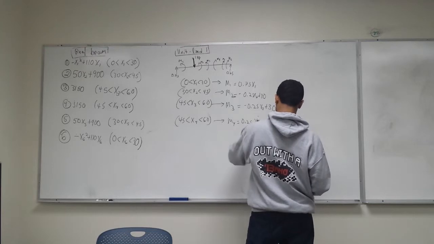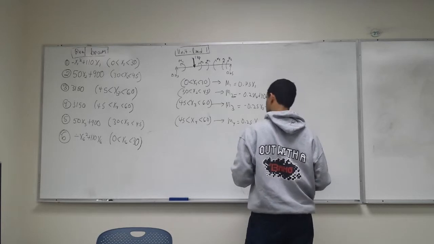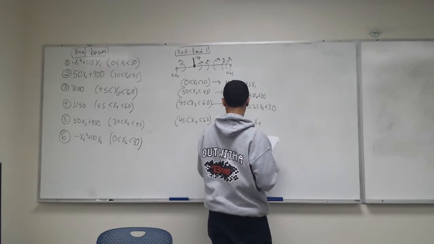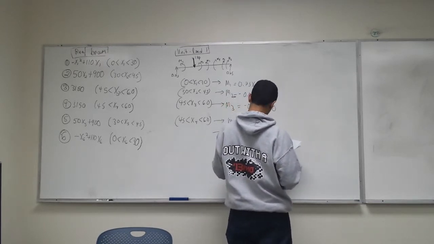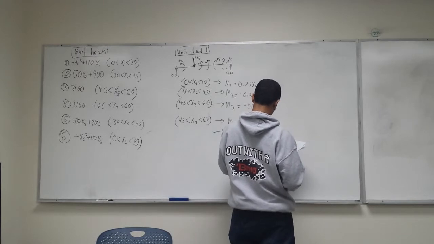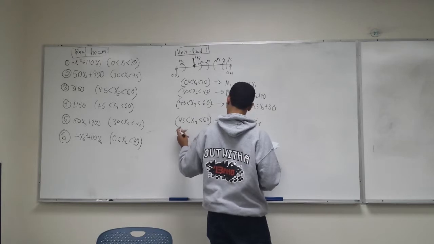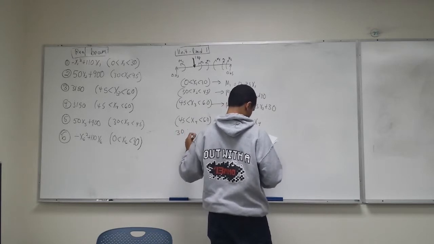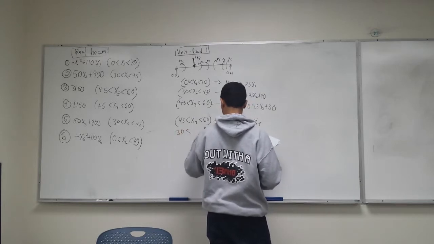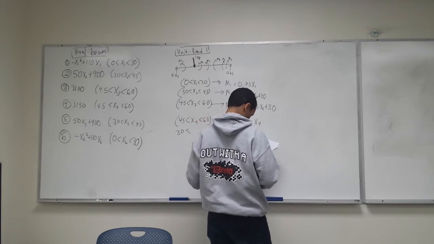And M5 is 0.25 times x5, going from 30 to 45, from right to left.